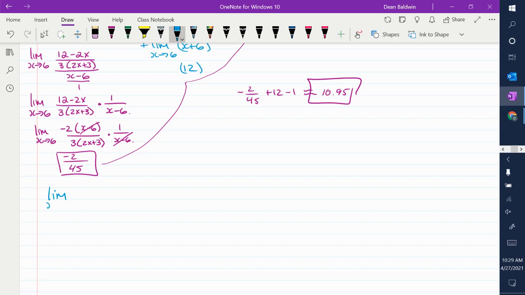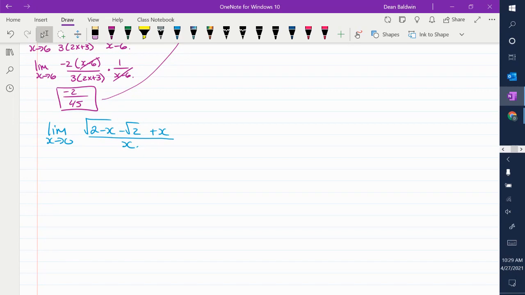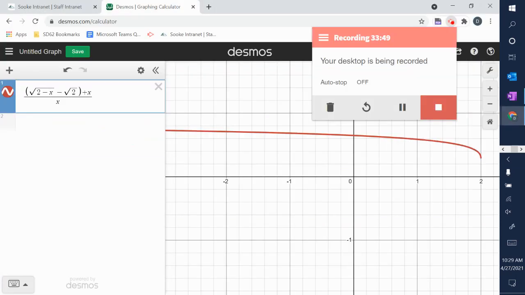The limit as x goes to 0 of that. I'm going to freeze it, and you can work on it, and then I will post the answer.